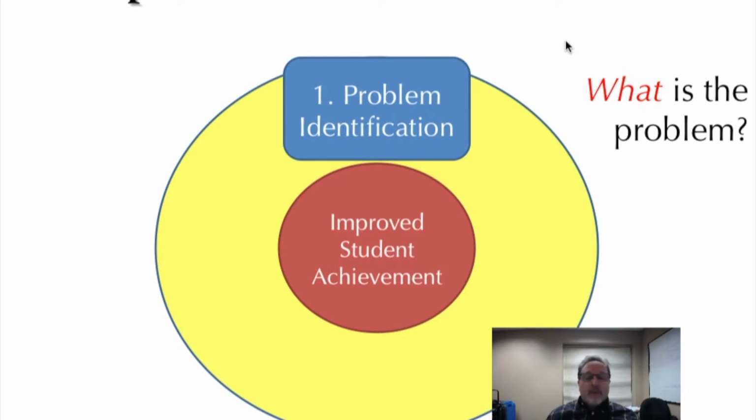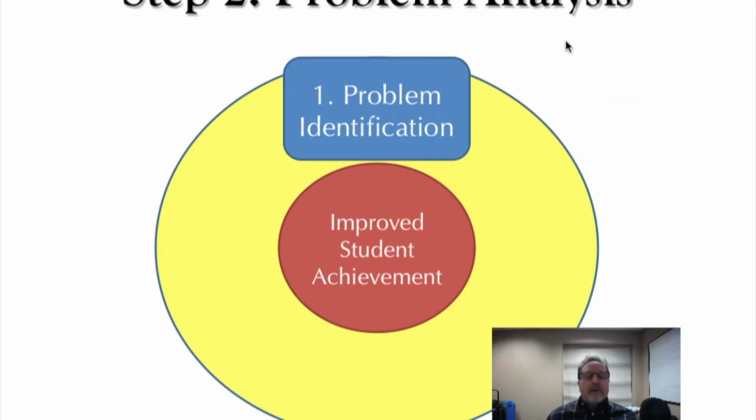So anyway, step 1, problem identification. What is the problem? And that's where you take a general look at whether or not the student's performance is meeting the expectations that would be appropriate given that level, tier, and level of performance. So you identify whether there is a problem, and then you go to problem analysis.